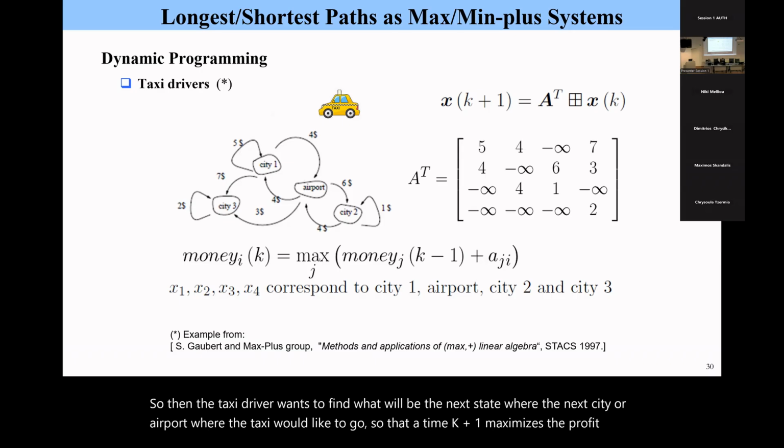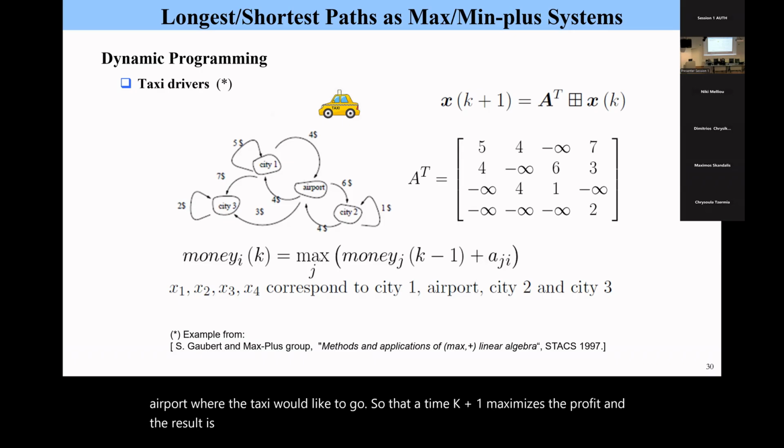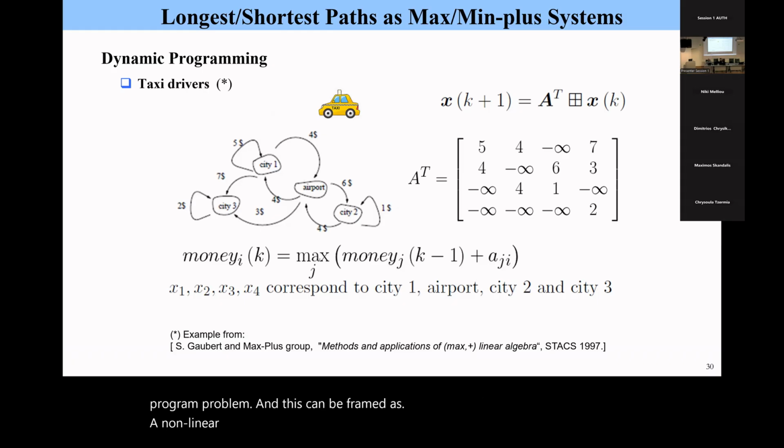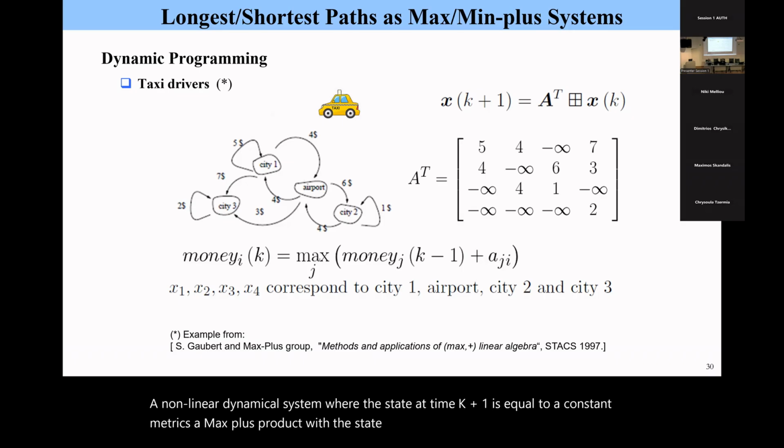And this is a classic dynamic programming problem, and this can be framed as a nonlinear dynamical system where the state at time k plus 1 is equal to a constant matrix A, max plus product with the state vector at the previous time. Again, this is a very broad area.